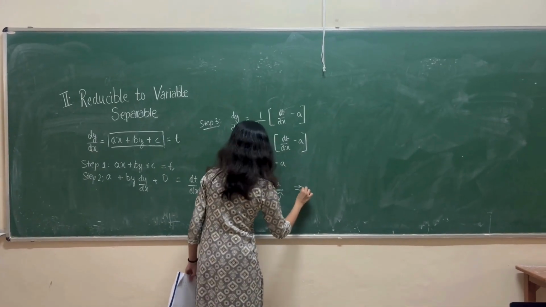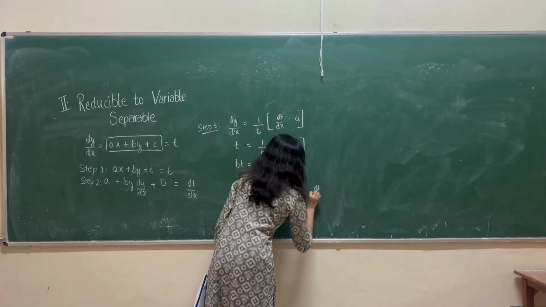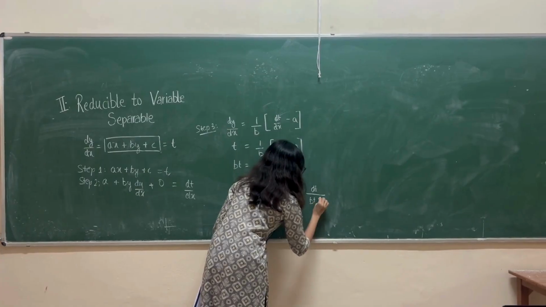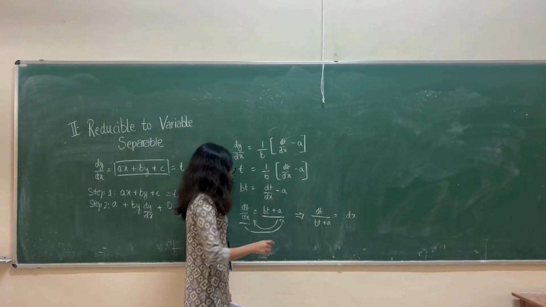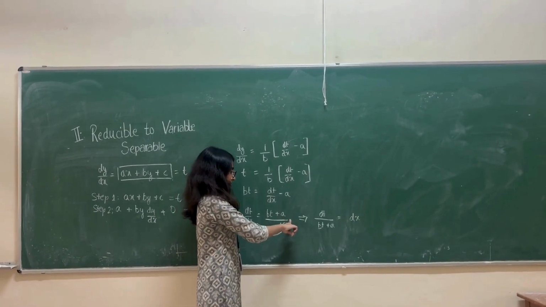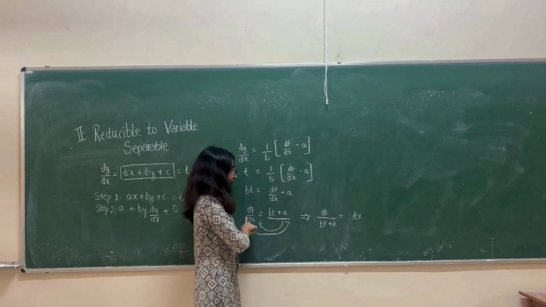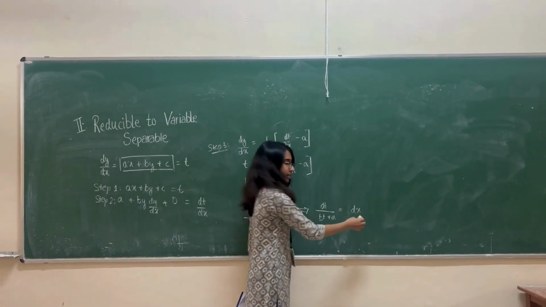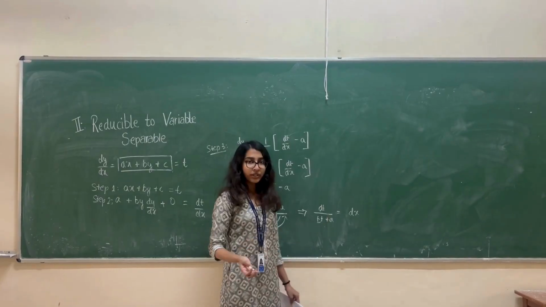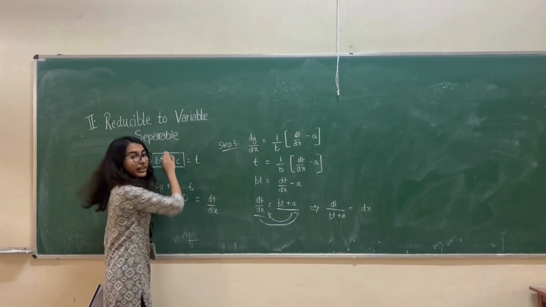So we would get dt divided by bt plus a is equal to dx. So after we bring dx on this side and we move bt plus a on this side, we can see that all the t terms are on one side and the x terms are on one side. So we have brought it to a form where it is variable separable.